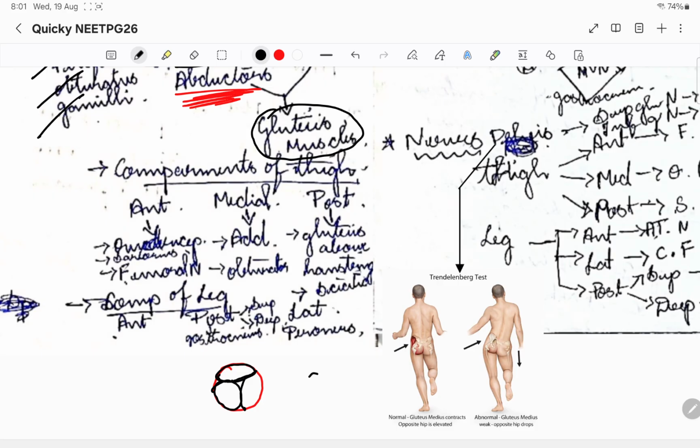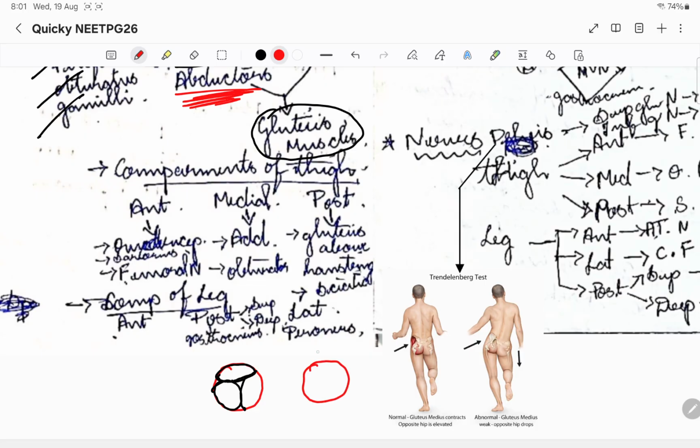In the same way, if I take a section of a leg, it is going to be anterior, posterior, and lateral. There won't be any medial compartment in the leg.